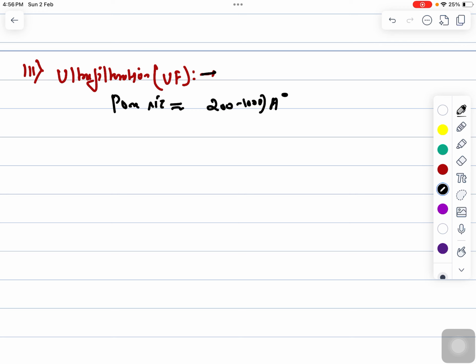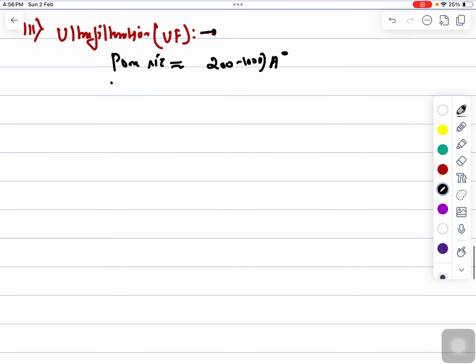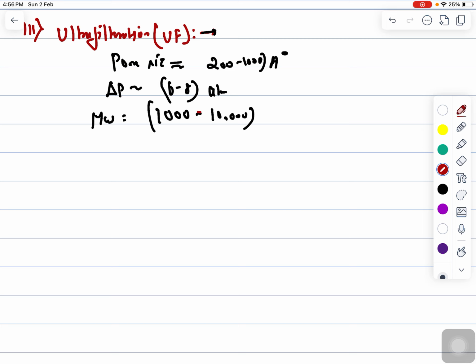Again, pore size is larger than reverse osmosis, and the pressure drop required here is 6 to 8 atm. Pressure drop here is very low, 6 to 8 atm applied. And the molecular weight of solute that can be separated here can lie between 1000 to 10,000.